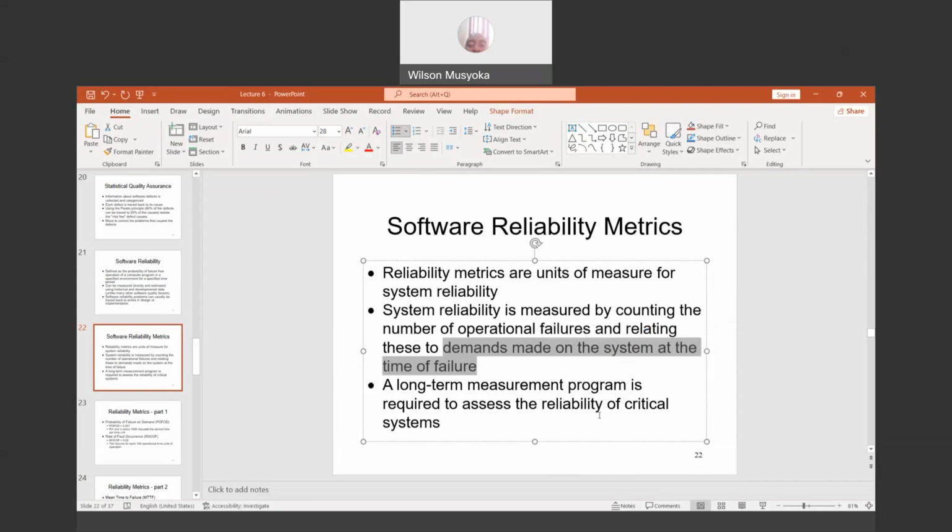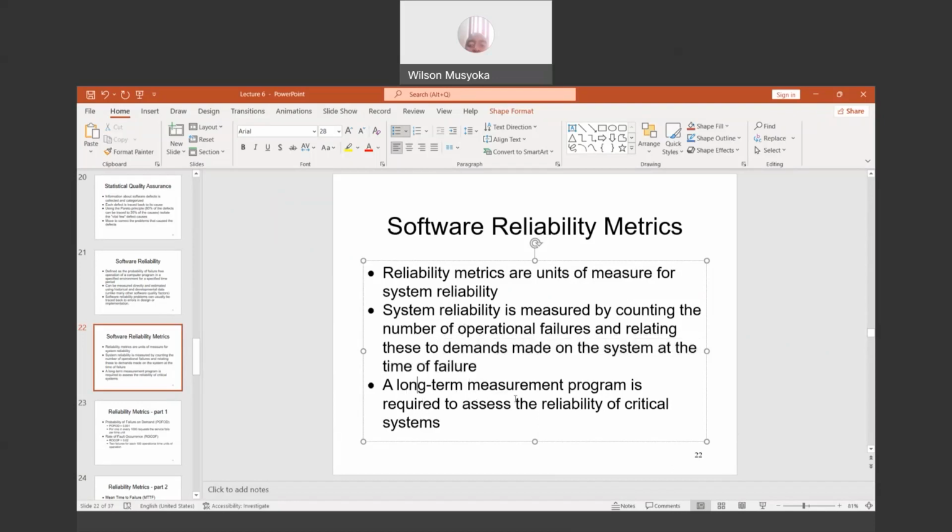And at that time is when now you can be able to measure during that stress level, whereby it is receiving maybe millions of requests per second. Is it able to withstand that pressure, or is it going to shut down, or is it going to be overwhelmed? So that is where you can measure reliability, where you are looking at, did it fail, or was it able to give the results?